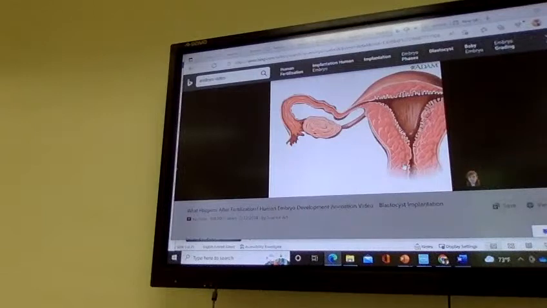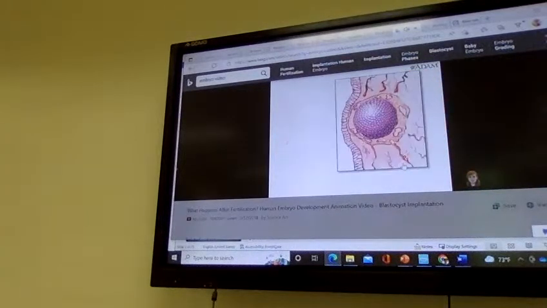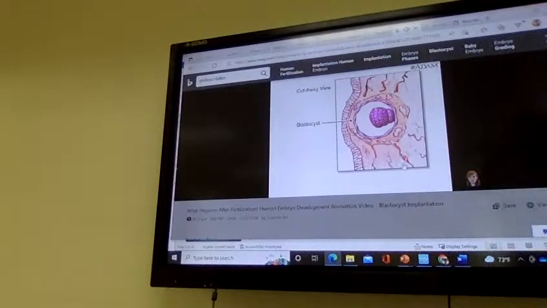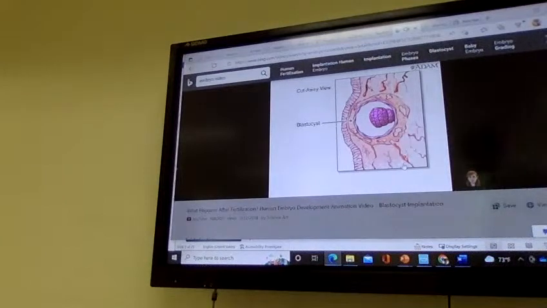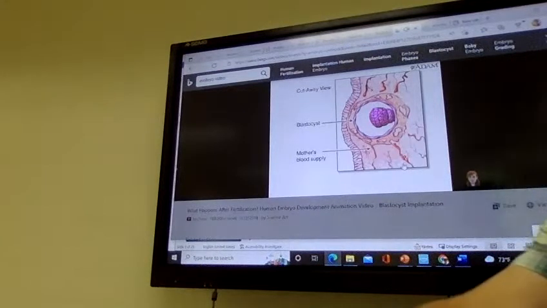During the critically important process of implantation, the blastocyst must attach itself to the lining of the uterus, or the pregnancy will not survive. If we take a closer look at the uterus, you can see that the blastocyst actually buries itself in the lining of the uterus, where it will be able to get nourishment from the mother's blood supply.